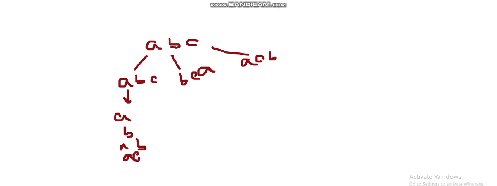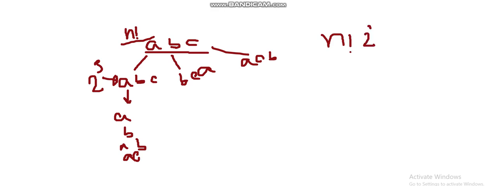There are 2 to the power n, 2 to the power 3, subsequences here, and n factorial permutations. So if all the characters of this string are different, the answer will be n factorial into 2 to the power n.